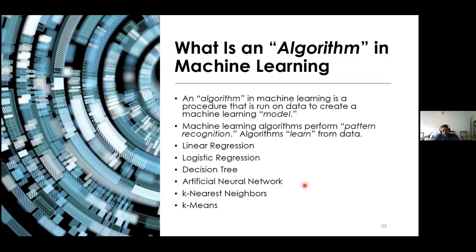Don't worry about the terminology, just think of it as a set of instructions that does a procedure, some sort of an activity. When you have a bunch of these algorithms working together, you can create a model, a basic data model. This data model can also be called a machine learning algorithm.